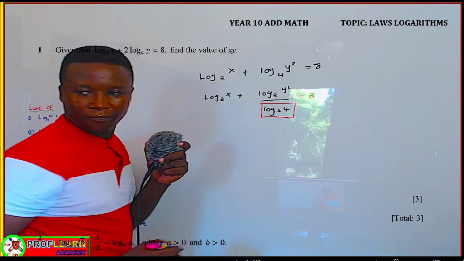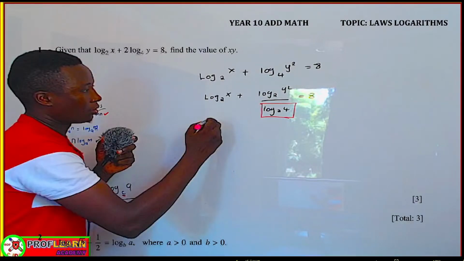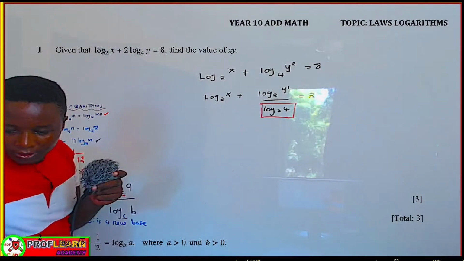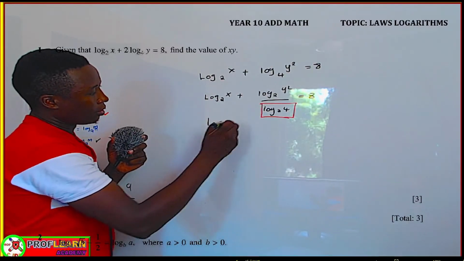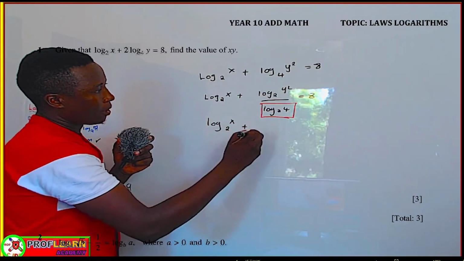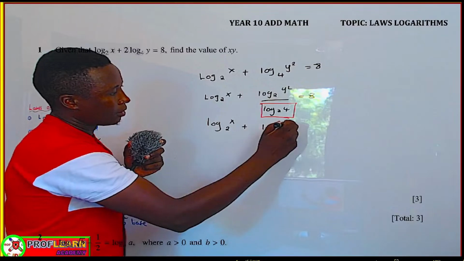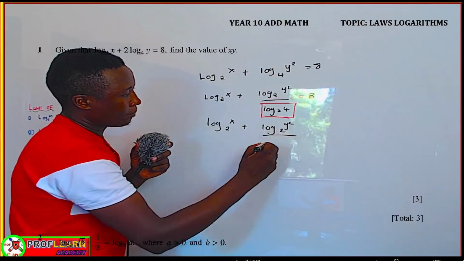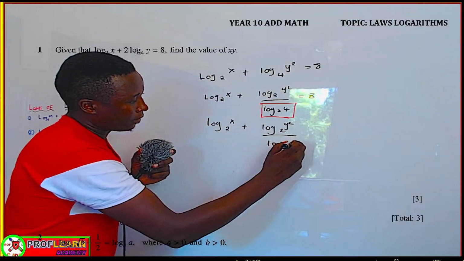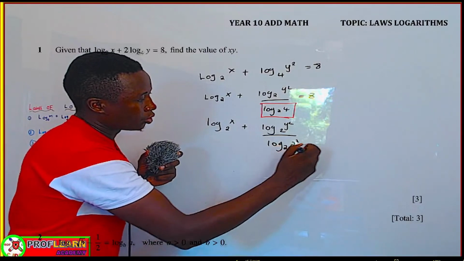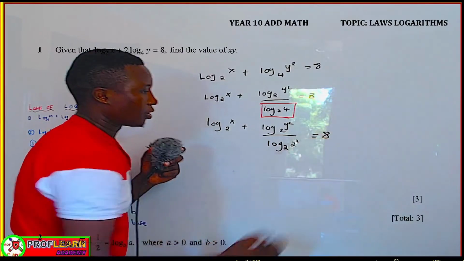This is the same as log of x base 2 plus log y squared base 2 divided by log of 2 squared base 2, and that is equivalent to 8.